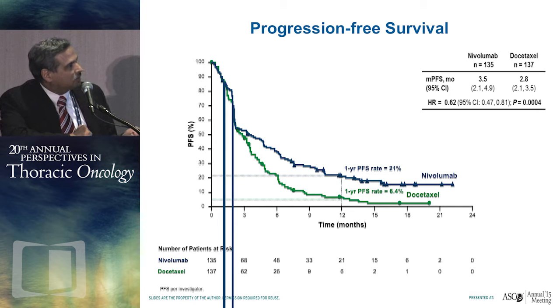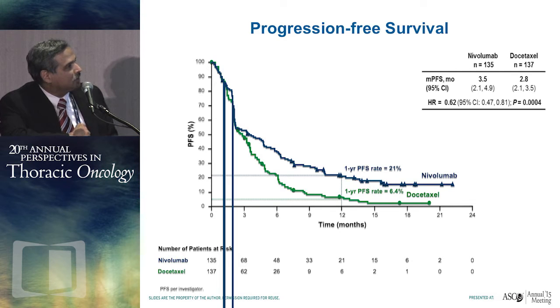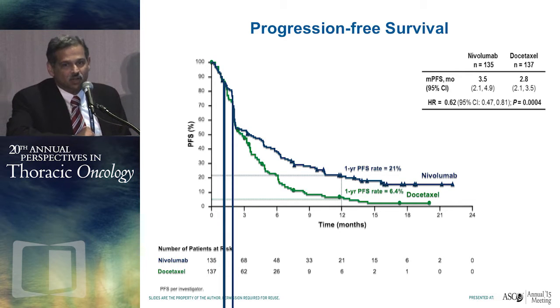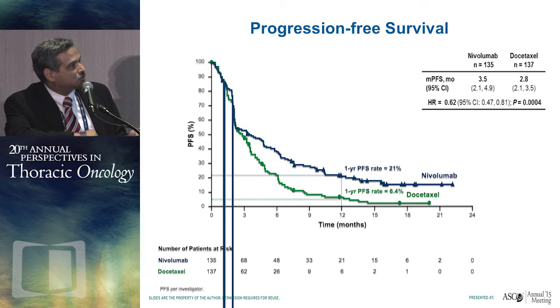The reason the progression-free survival looks this way, in fact, if you look at the median there's virtually no difference in the median, is that a majority of the patients really don't benefit from nivo, and actually also probably don't benefit from docetaxel. It's in the minority of patients that the drug benefits, but produces a very dramatic benefit that leads to the improvement in the overall progression-free survival and the improvement in survival.